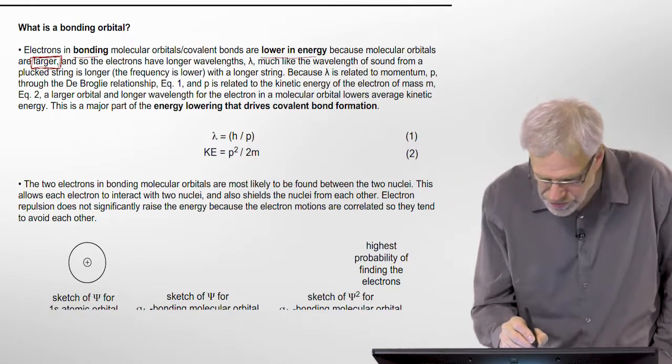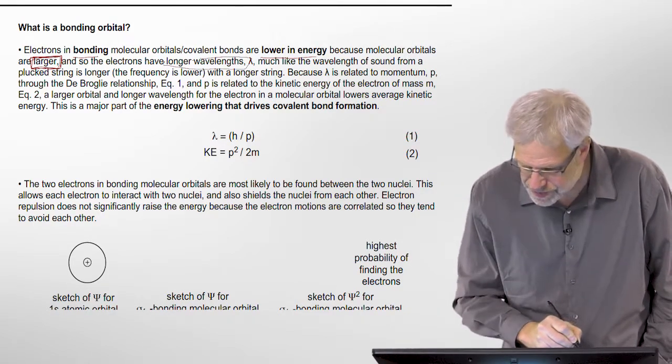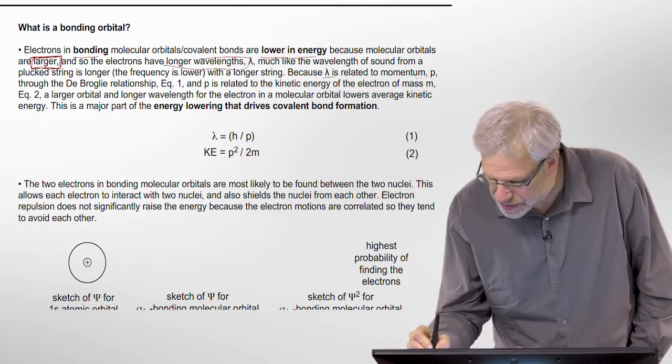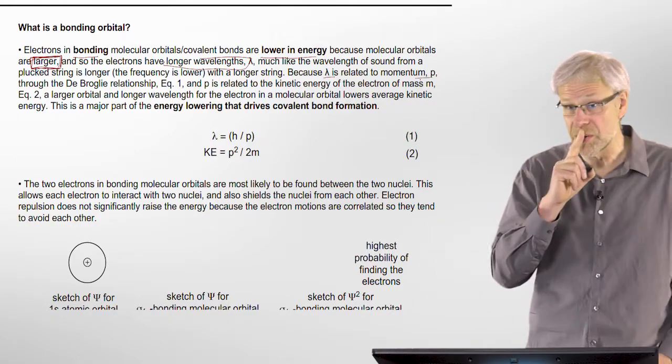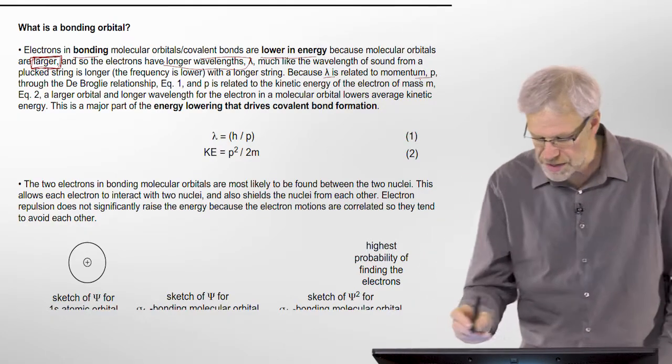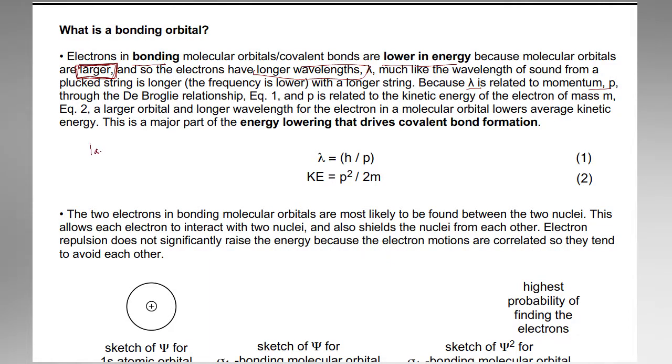So electrons have longer wavelengths, and wavelength is related to momentum through the de Broglie relationship, so let's just go straight to these equations. If we have a larger orbital, we have a longer wavelength. That's the wavelength, this Greek symbol lambda, we've seen that before.